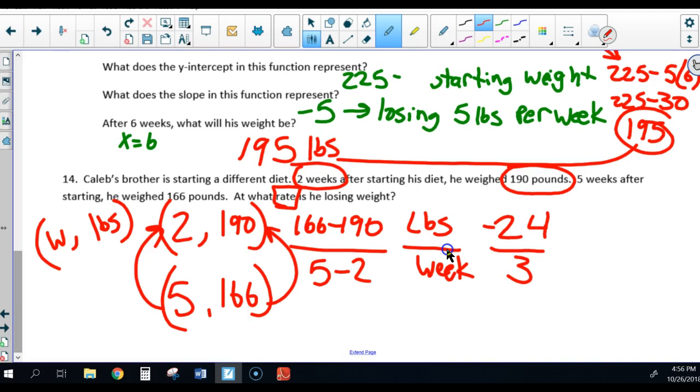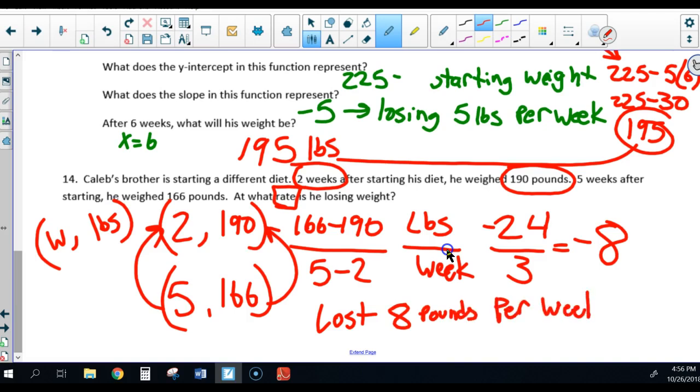So Caleb's brother lost 24 pounds in 3 weeks. That's his change in weight over the change in time. So if I simplify that, negative 8 means that he has lost 8 pounds per week. The loss is like our negative for negative 8. So he's down 8 pounds each week, at least in between week 2 and week 5.